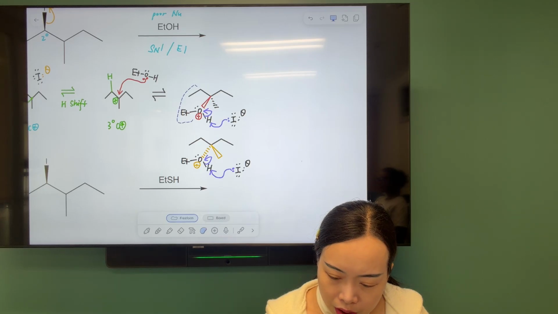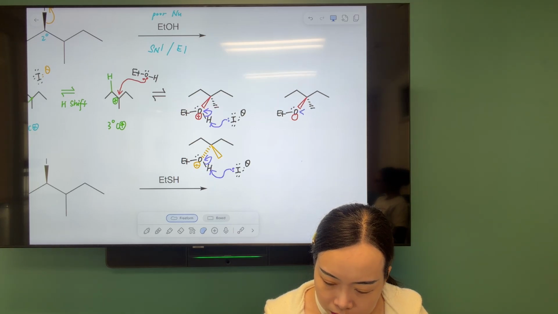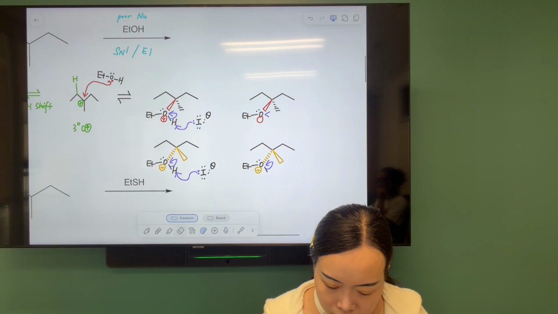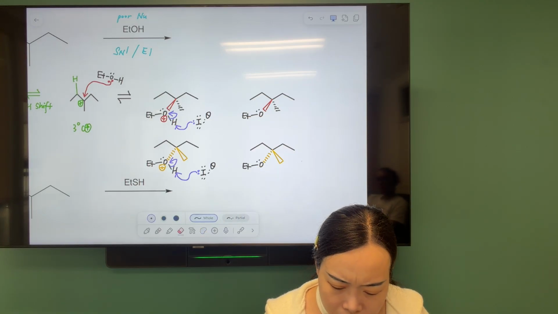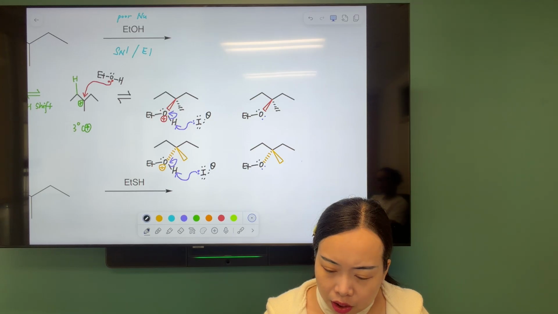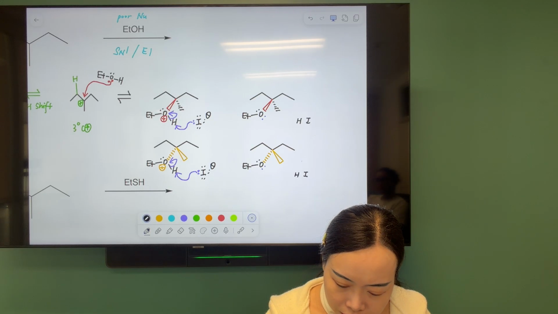So I'll have my lone pair formed in purple, and my hydrogen iodide, there's a purple bond.